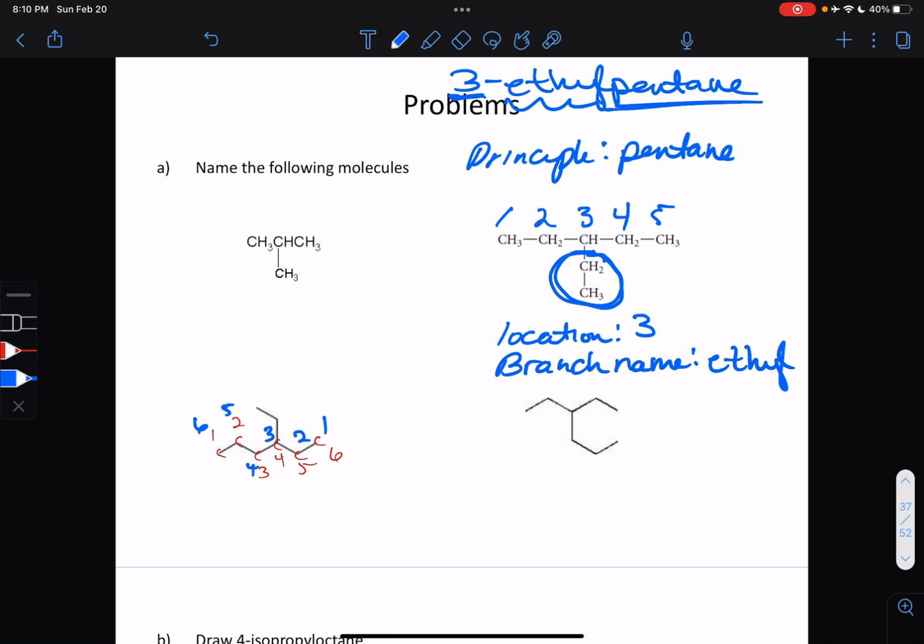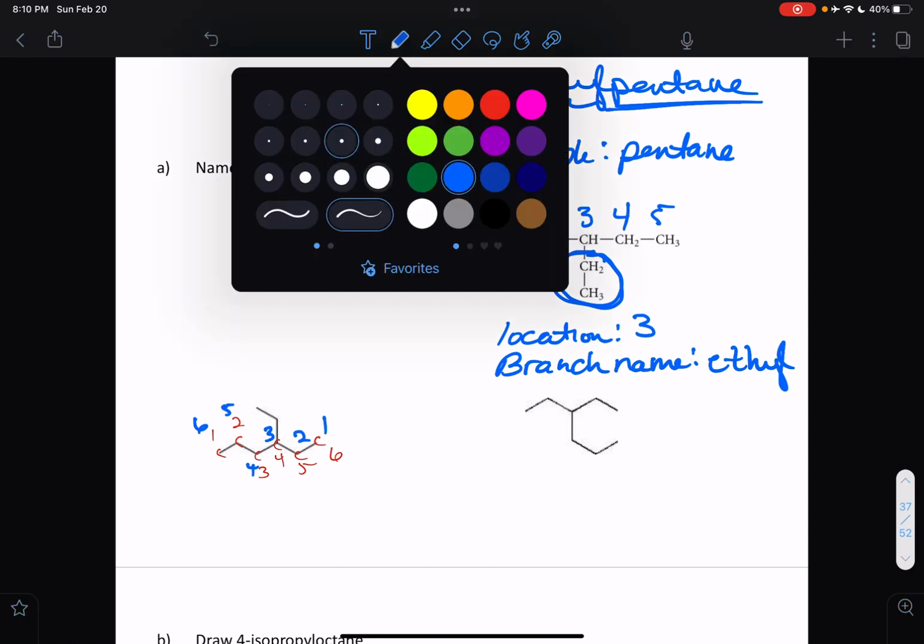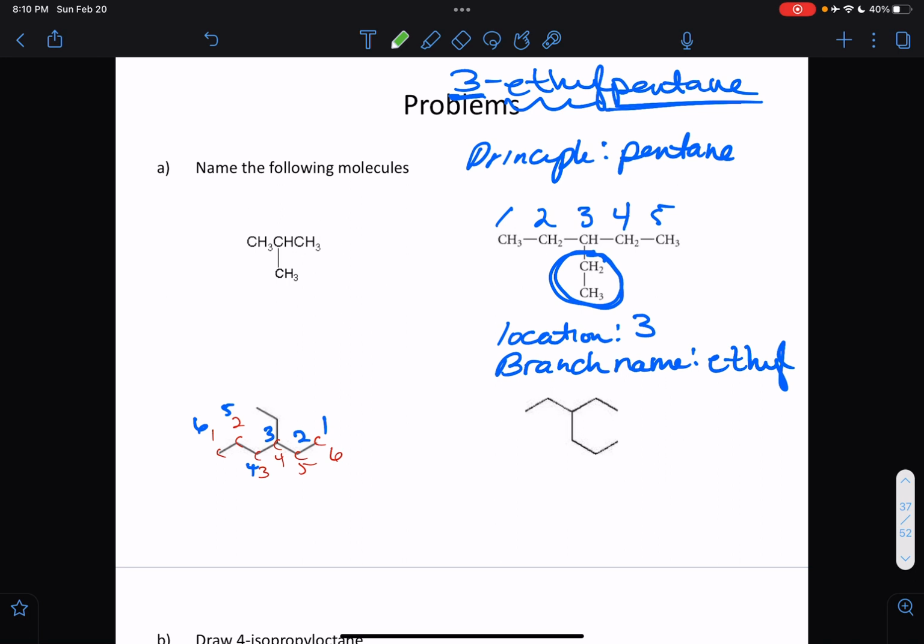And if we do, oops, I got rid of my pen colors. Oh, there's some more. All right, let's do green. What happens if we do 1, 2, 3, 4, 5, 6? Well, that's a possibility. We could do that one too. So what do we do here? Well, we're going to go with whichever direction gives us a branch at the lowest numbered carbon, because all of our principal chains here that we've identified are 6 carbons long.